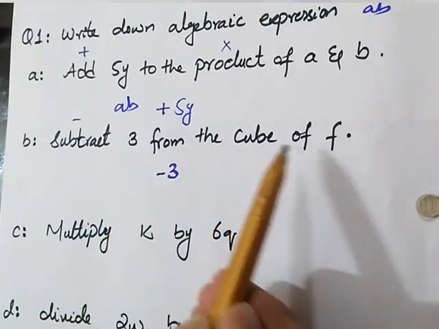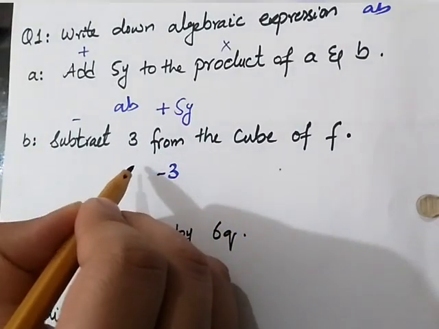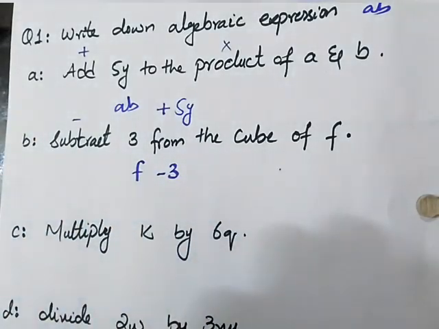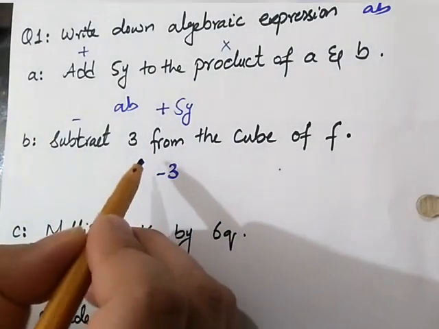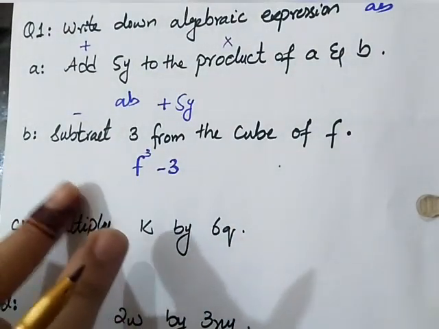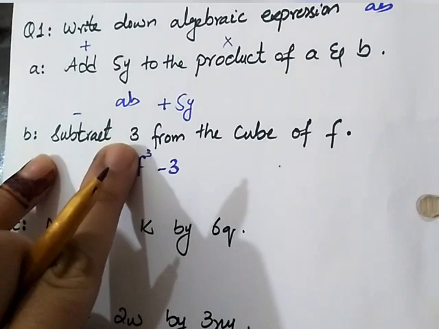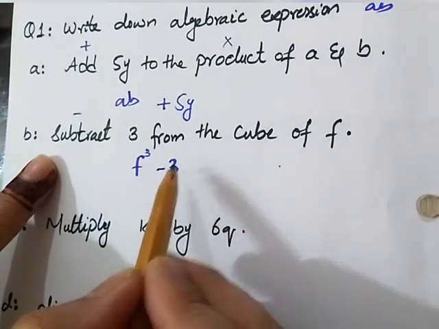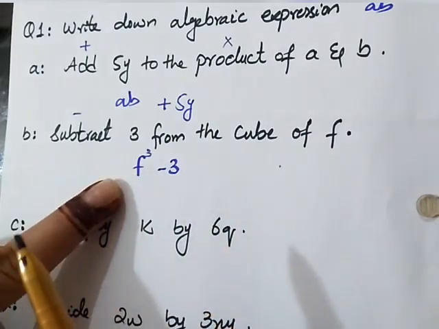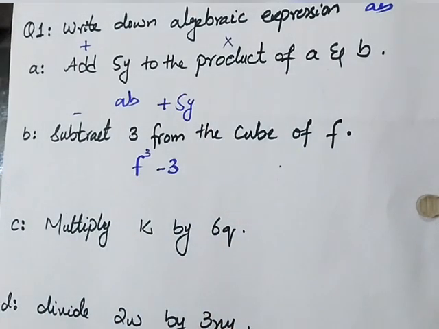From the cube of f. Just revise chapter 1 in which we learn what cube and squares are. Cube means f power 3. So we subtract 3 from the cube of f, so the cube of f is f cube. That is the second statement.